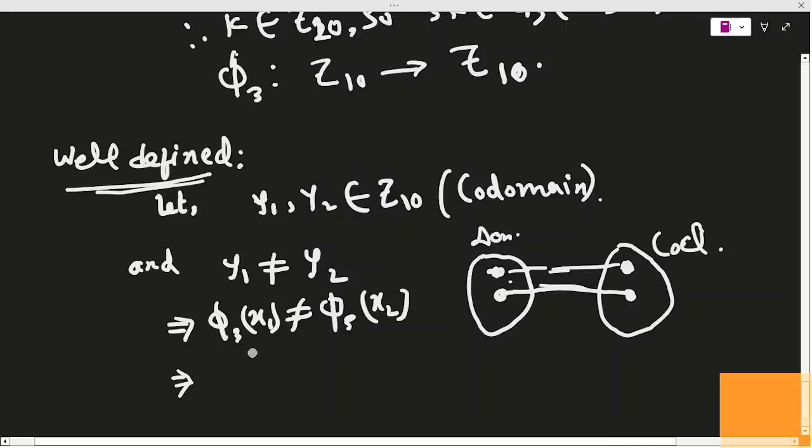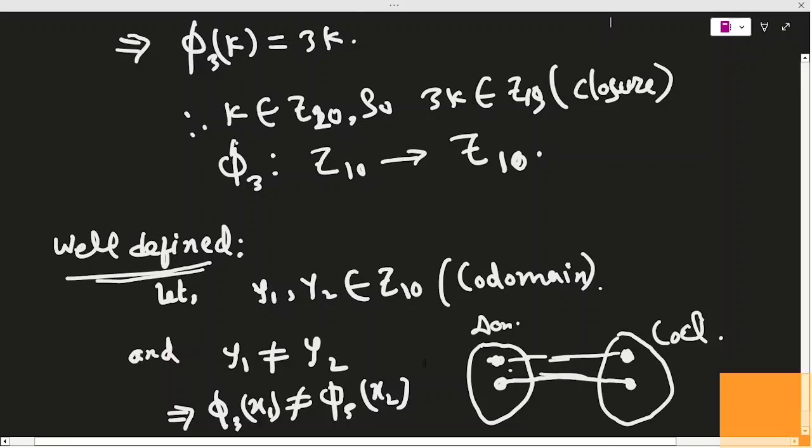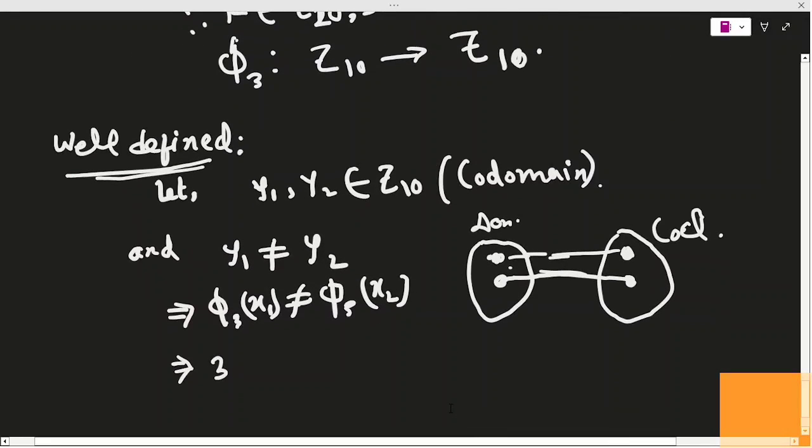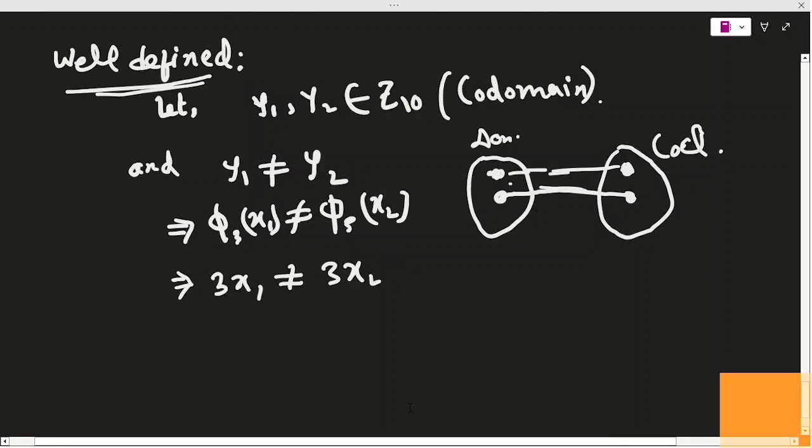So phi 3 of k is equal to thrice k, so phi 3 of x1 is thrice x1 not equal to thrice x2. From here we have to conclude that x1 is not equal to x2. Can we do that?